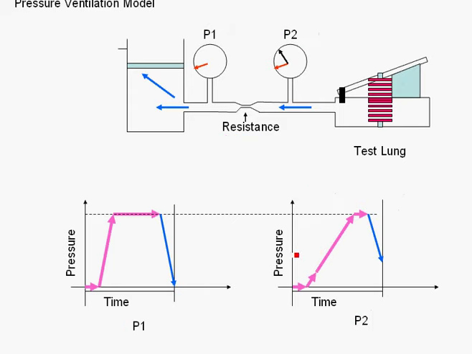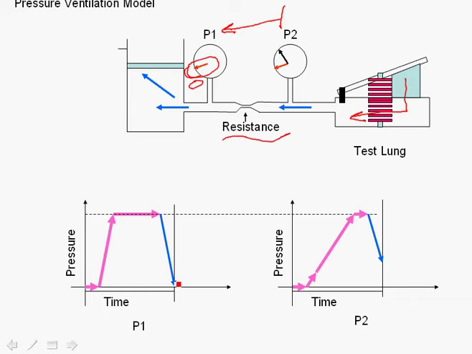During exhalation now, we've got the passive recoil of the test lung due to the elastic nature of the lungs themselves, represented here by this spring, forcing gas from the test lung back towards the ventilator. The ventilator just allows this gas to vent into atmosphere, so it basically goes to 0, atmospheric pressure. But we do require a pressure gradient from P2 towards P1 to get that expiratory flow past the resistance.